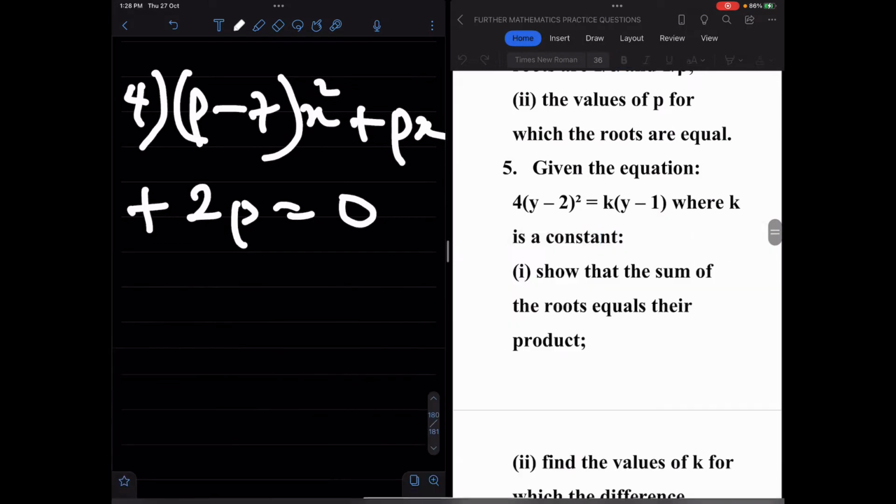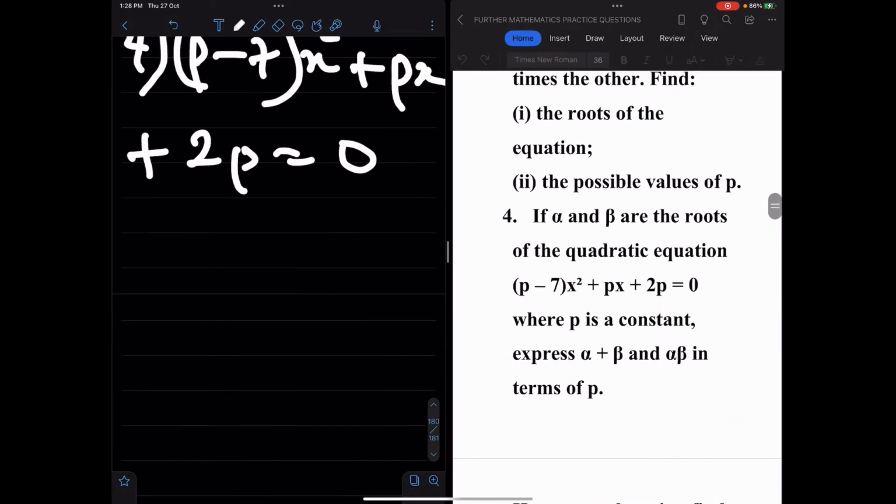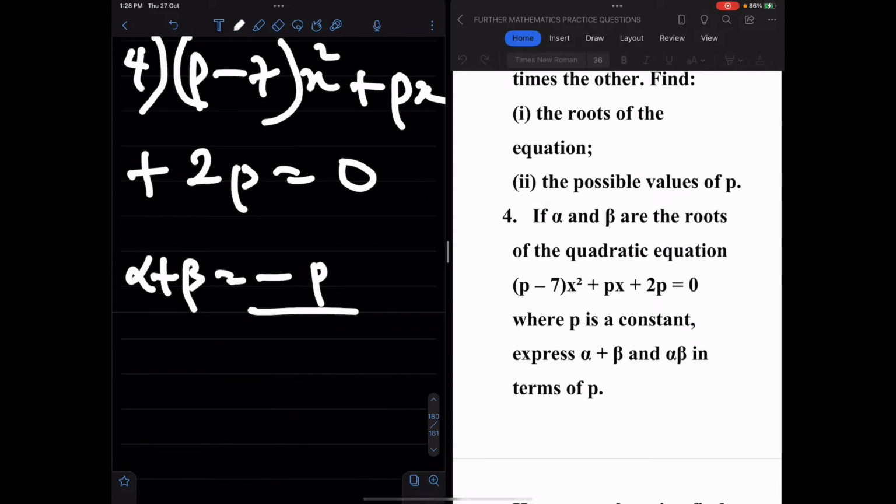First of all, I'm going to find alpha plus beta in terms of p. Now alpha plus beta is minus b over a. A is p minus 7, b is p, and c is 2p. So alpha plus beta, which is minus b over a, will be minus p over (p minus 7).